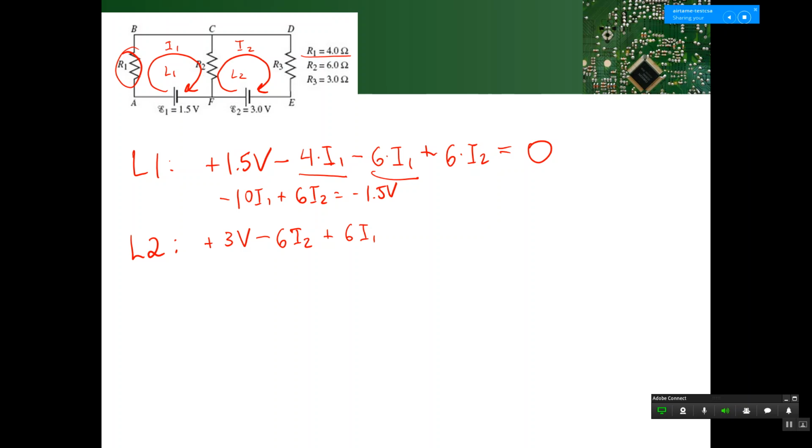And then I have another voltage drop across R3. So it's going to be minus 3I2, not I3, but I2. All that's going to be equal to 0. And again, let's clean that up a little bit. So we have 6I1 minus 9I2 is equal to negative 3.